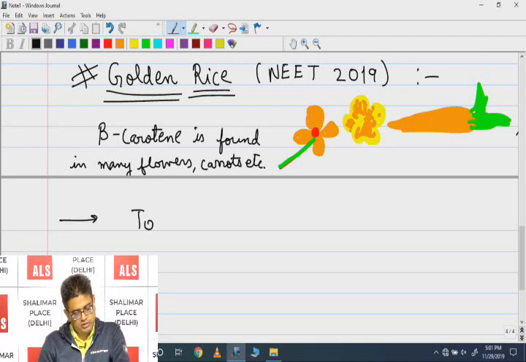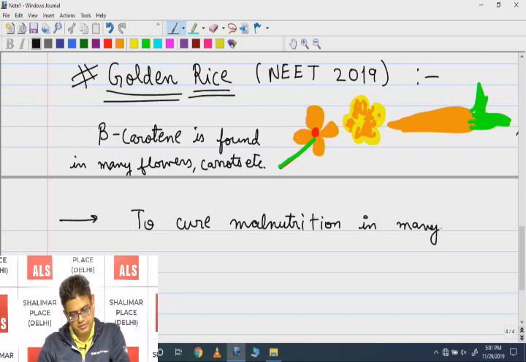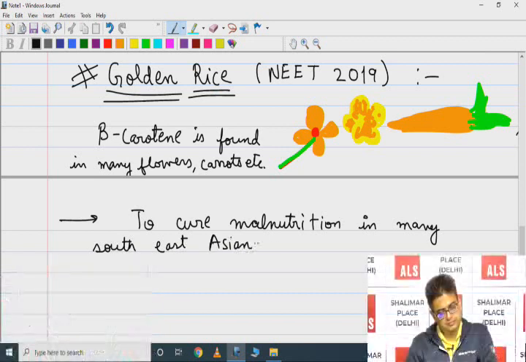To cure malnutrition in many Southeast Asian countries, golden rice was developed.